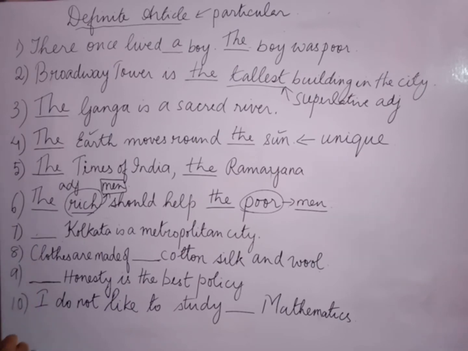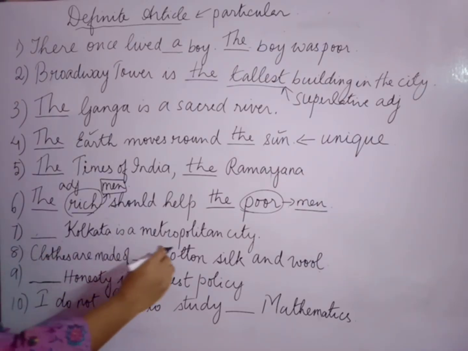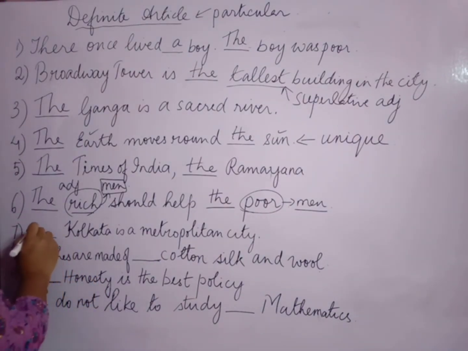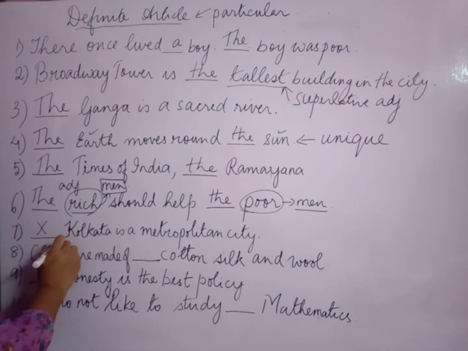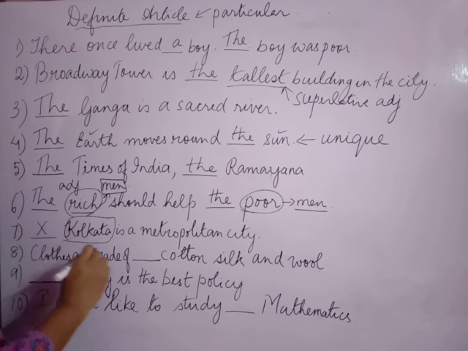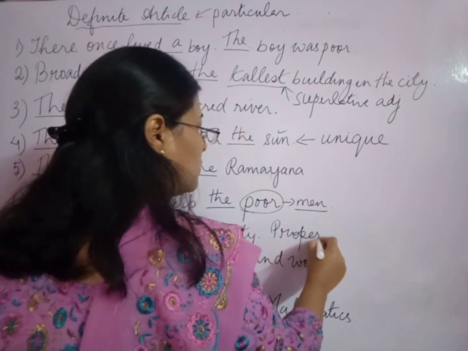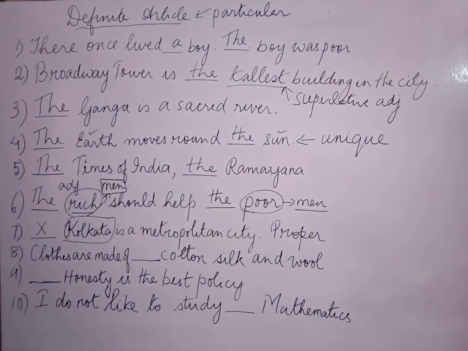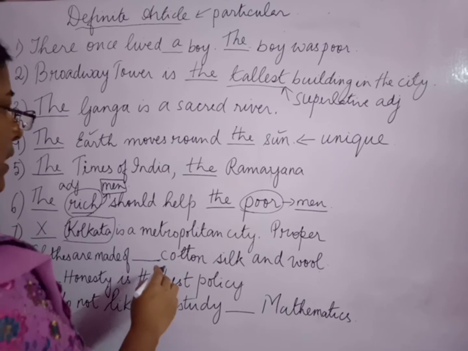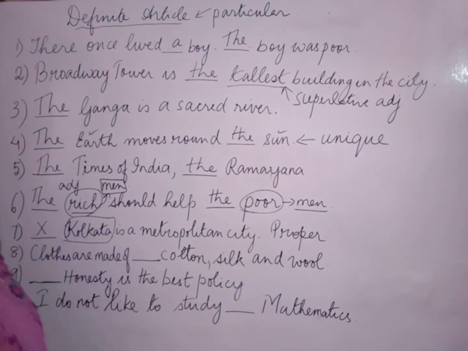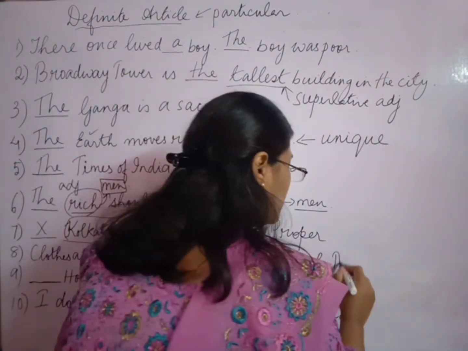Example number 7. Kolkata is a metropolitan city. Now we do not use the article the before a proper noun. Kolkata is a proper noun. So we do not use an article before any proper noun. Number 8 example. Clothes are made of dash cotton, silk and wool. Cotton, silk, wool, these are material nouns.